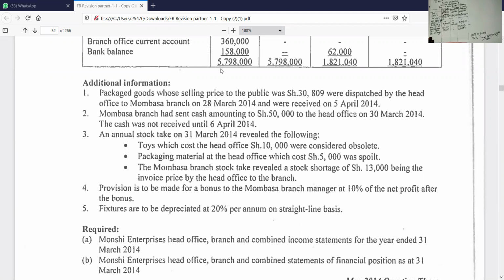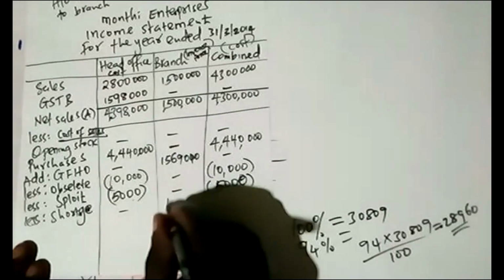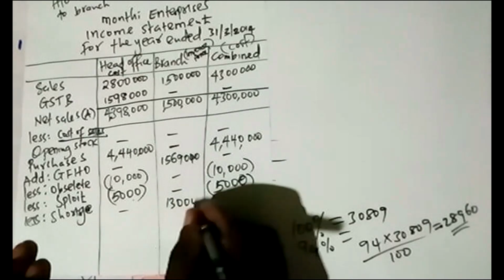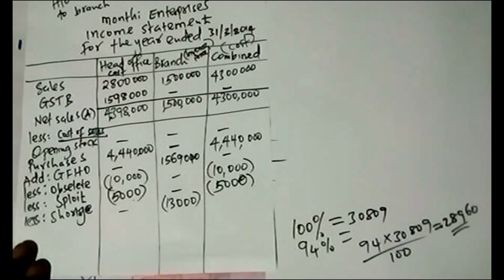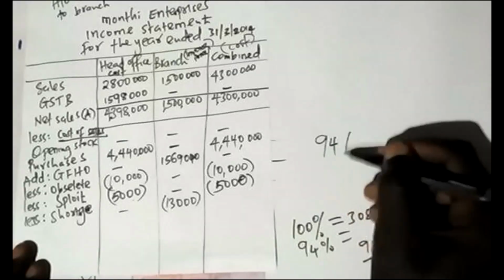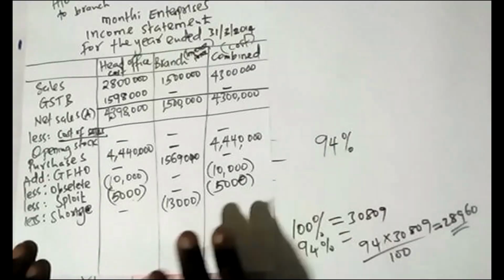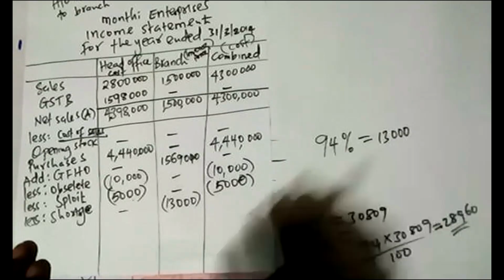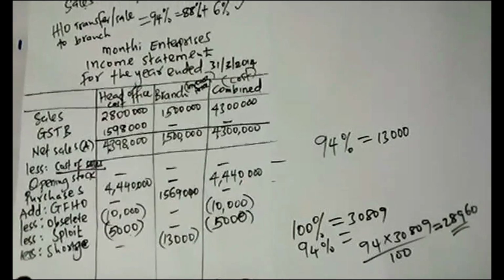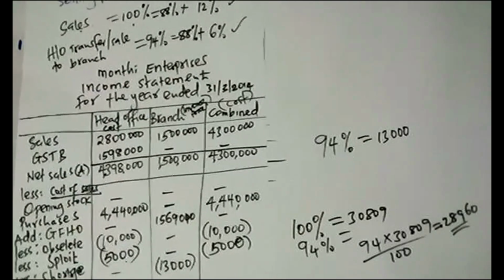So for the branch, it's fine. I will record 13,000, which is at invoice price, so there's no problem. We know that goods are sent by the head office to the branch at an invoice price of 94%, which means this 13,000 was at 94.